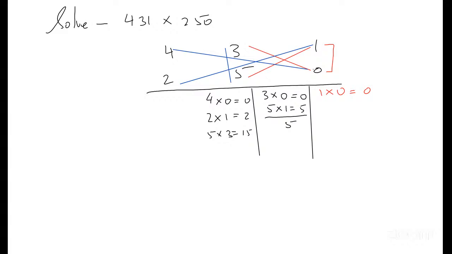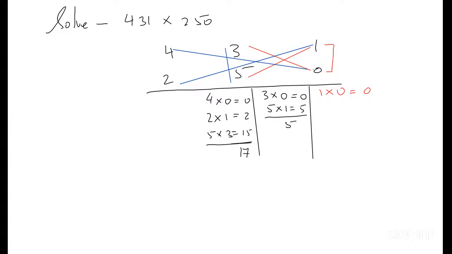We don't put a 0 in front of 5. We'll just take 5. Next is 15 plus 2. We will add them. We will get 17.